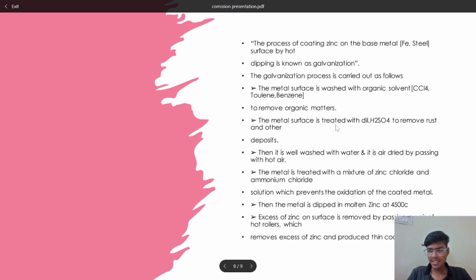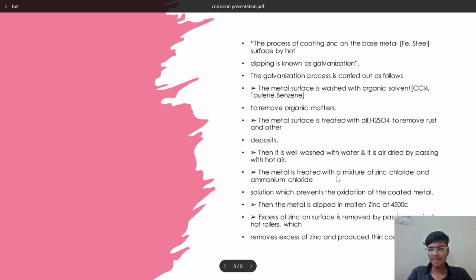The metal surface is then treated with dilute H2SO4 to remove rust and other deposits. Then it is well washed with water and air dried by passing hot air.